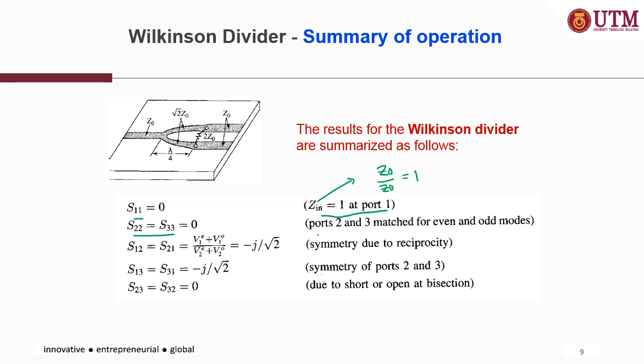In terms of the forward and reverse transmission, S12 and S21 are equal to negative j divided by root 2, or 0.707, and S13 and S31 have the same value. And for the short and open circuit with perfect isolation, S23 and S32 equal 0.